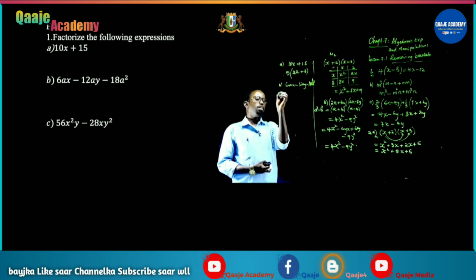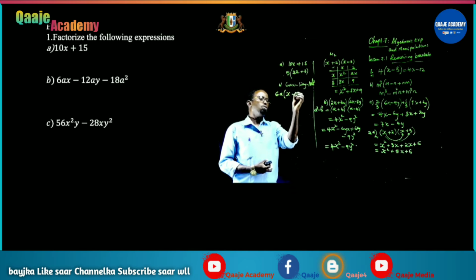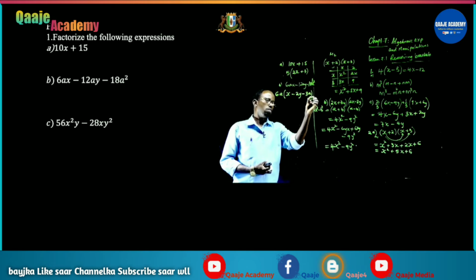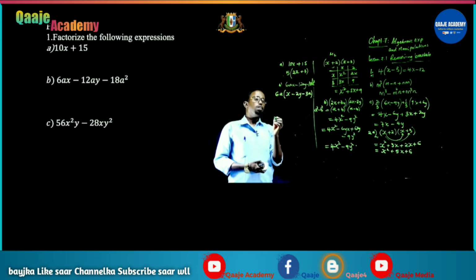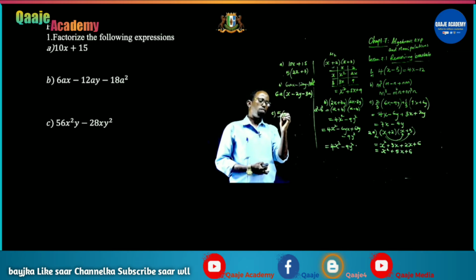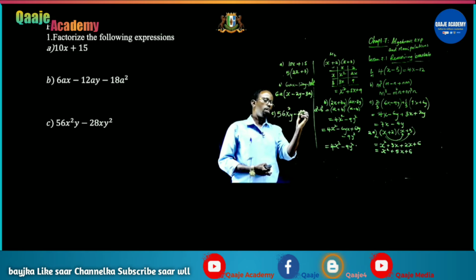So 6a outside, you will remain with x, there you get 2, then you get y, and then 18 divided by this, you get 3, and then only single a.